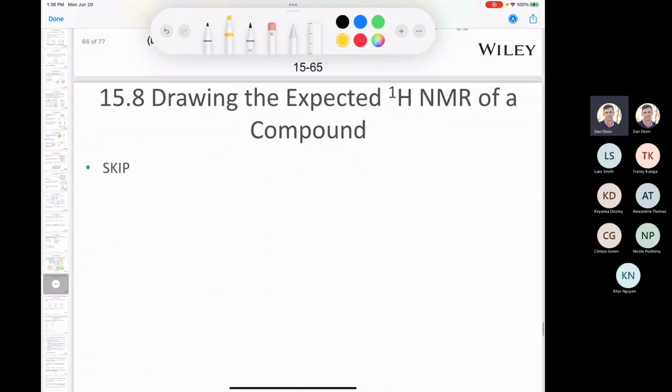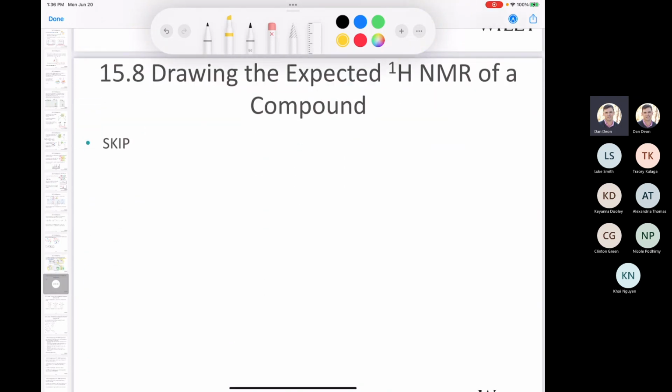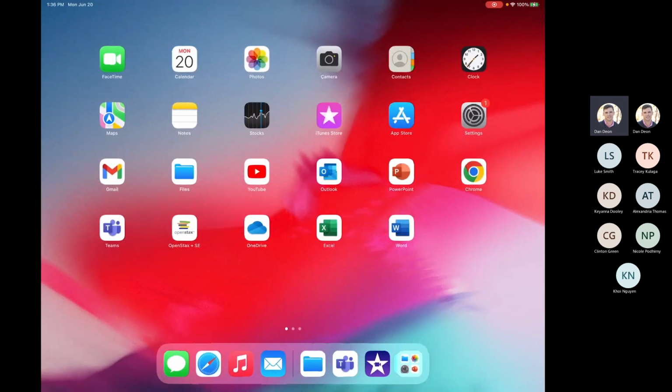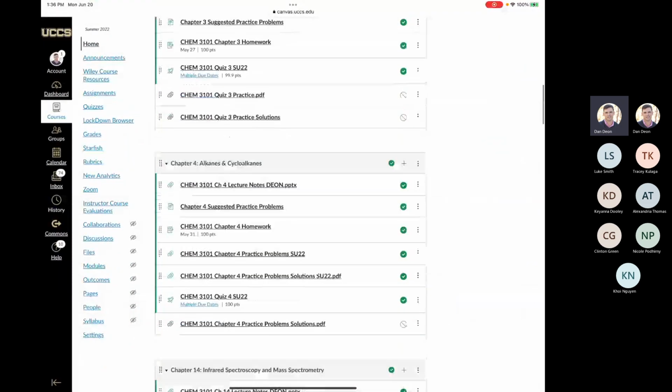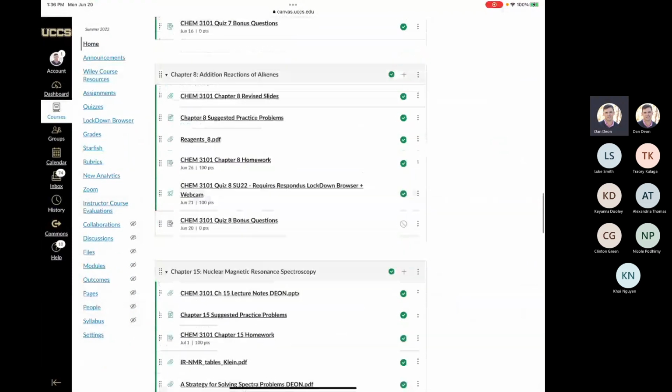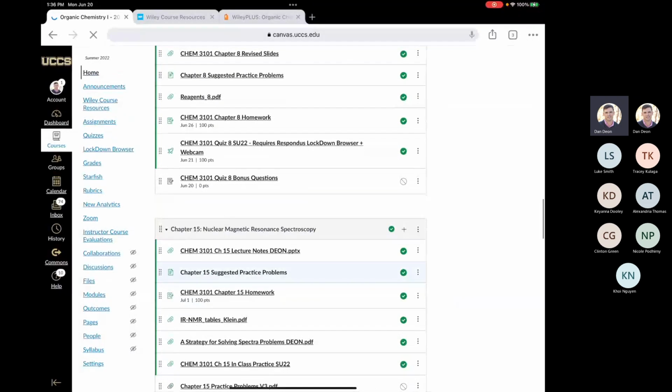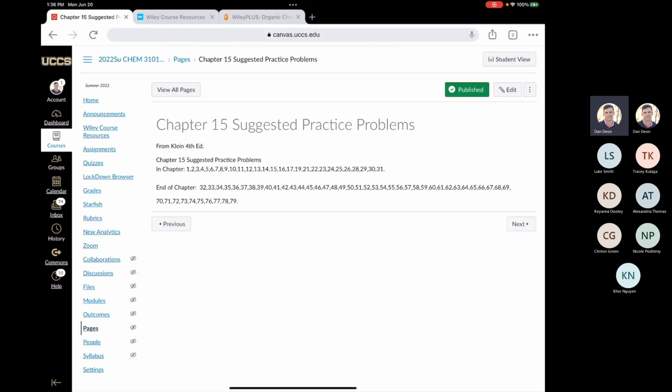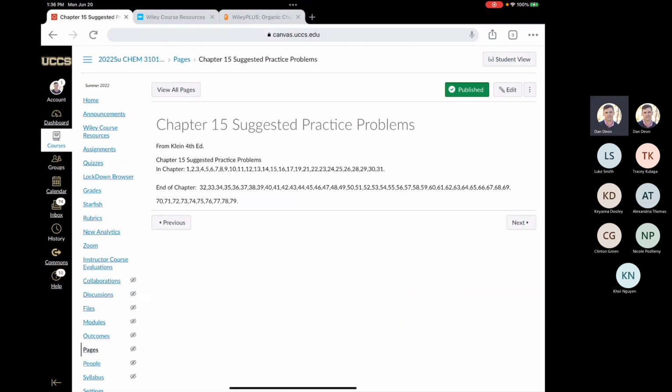Well, let's take a look at section 15.8. Now, you see that I say skip here, but if you go into the suggested practice problems on Canvas, scroll down to chapter 15, and look at the chapter 15 suggested practice problems, there might be some problems that I recommend that come from or are based off of section 15.8.